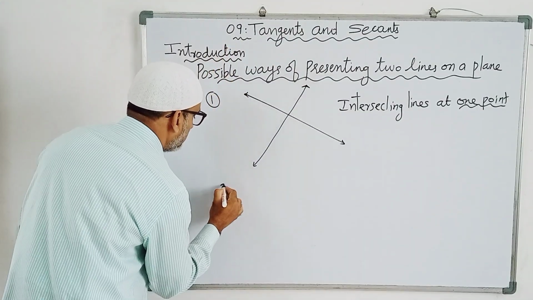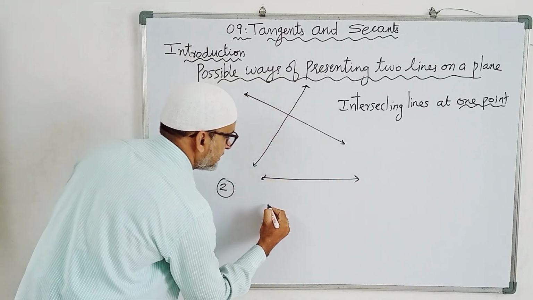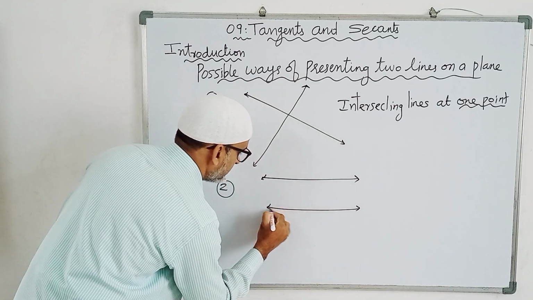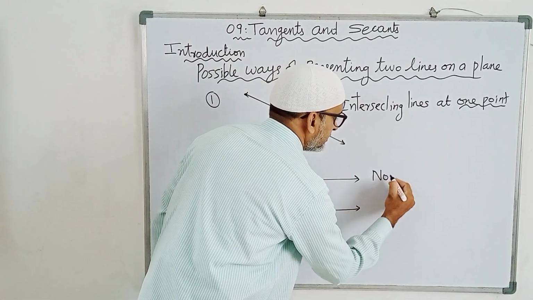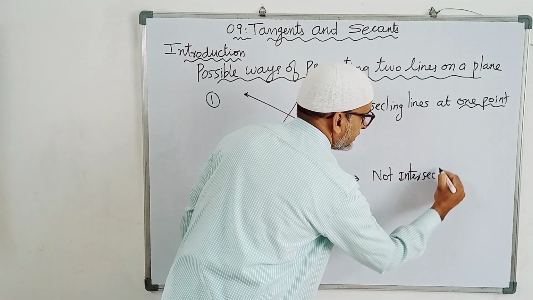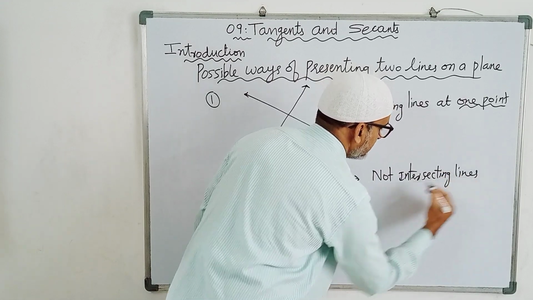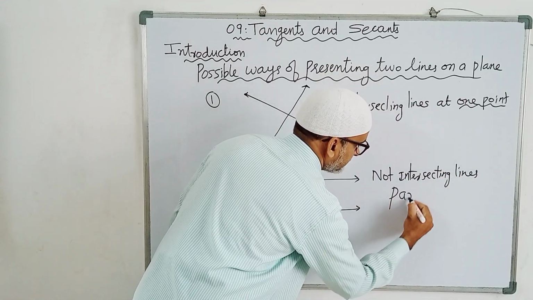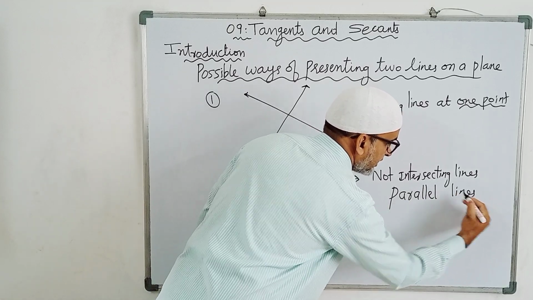Number two, this is the second case. They will not intersect. Not intersecting lines means parallel lines. This is the second case.